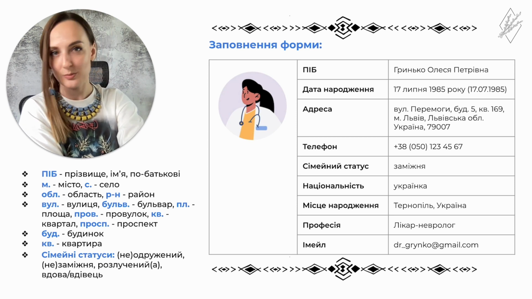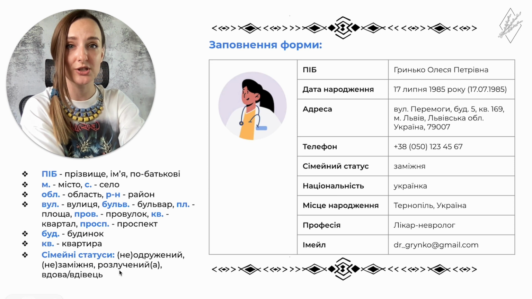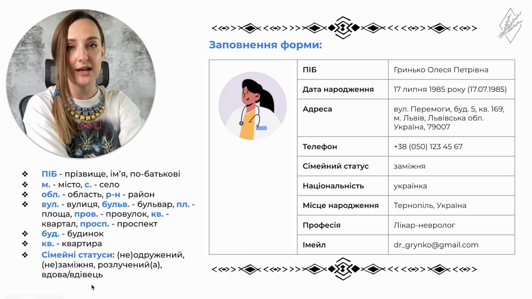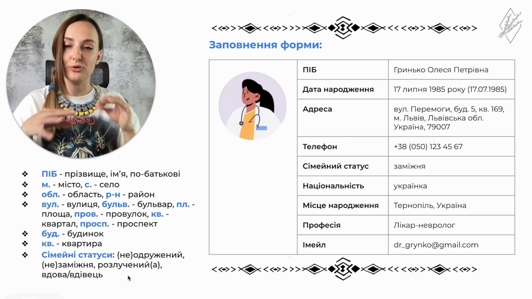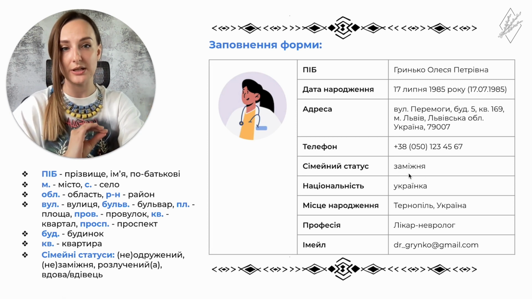Married, not married again. The next one is divorced. Розлучений for men, розлучена for women. And another option вдова, вдівець, widow and widower. Вдова feminine form, вдівець male form. So you choose your status and you put it into this line.